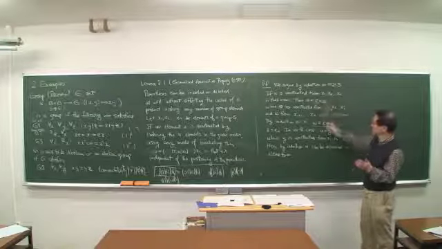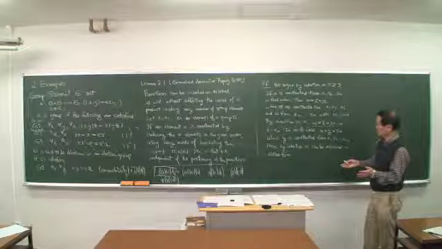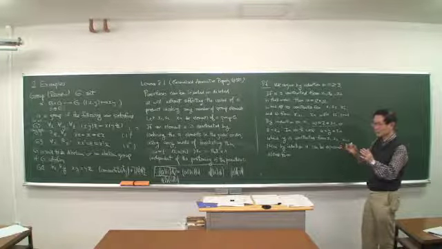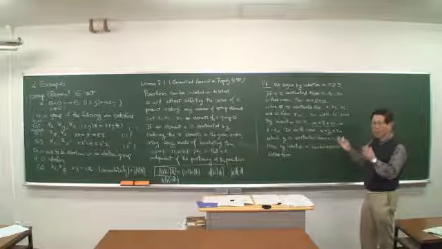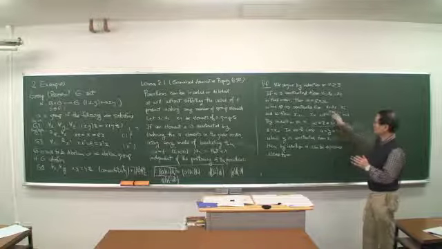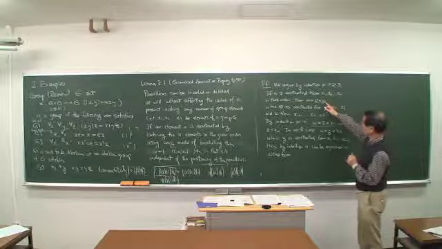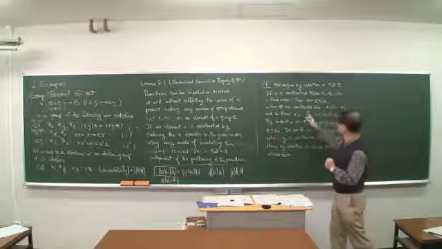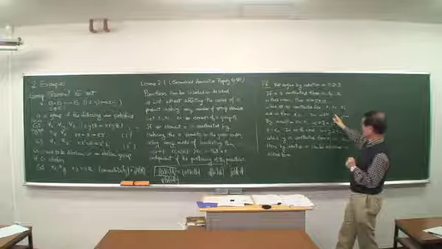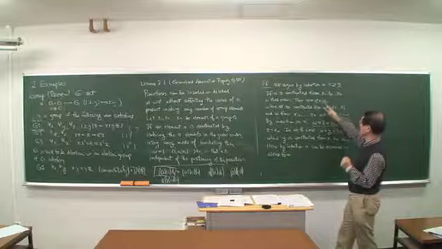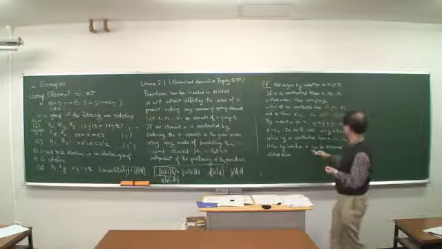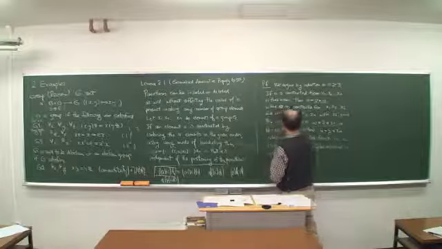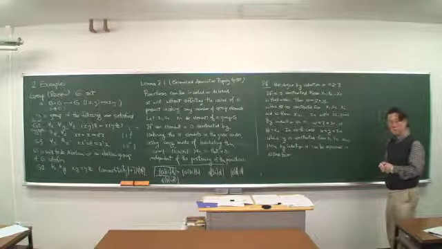So, by the induction hypothesis, that is not necessarily n minus 1. That's the point I just mentioned, that this is a generalized induction. W can be written in this way, or W itself is equal to xn.